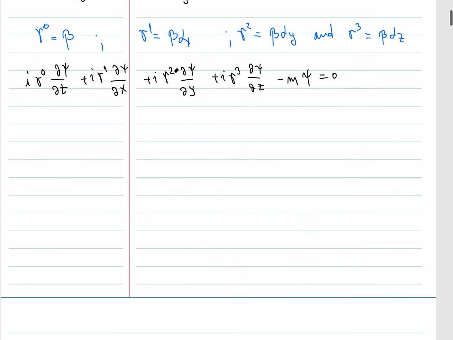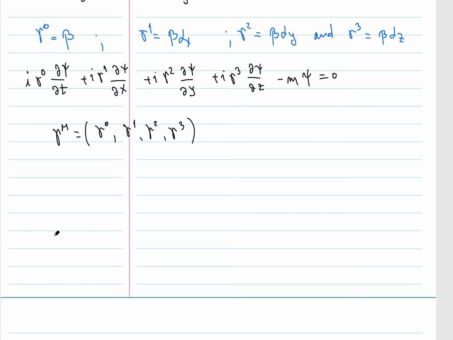We have to keep in mind that gamma 2 is not gamma squared; these are indices. So we can write the gamma matrices as gamma mu equals gamma 0, gamma 1, gamma 2, gamma 3.